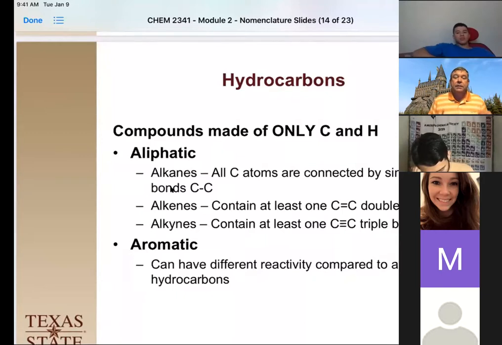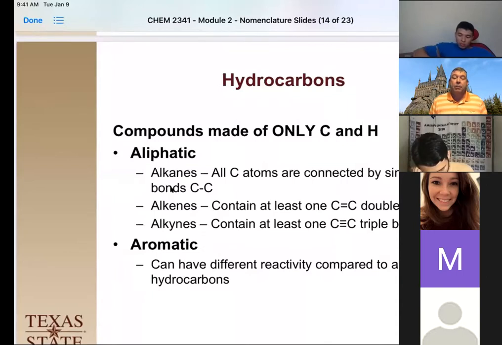So the simplest of these are what we call aliphatic systems. In aliphatic systems, they can have single carbon-carbon bonds, they can have double carbon-carbon bonds, and they can have triple carbon-carbon bonds, but they don't have that different reactivity we get when we have what we call an aromatic compound.